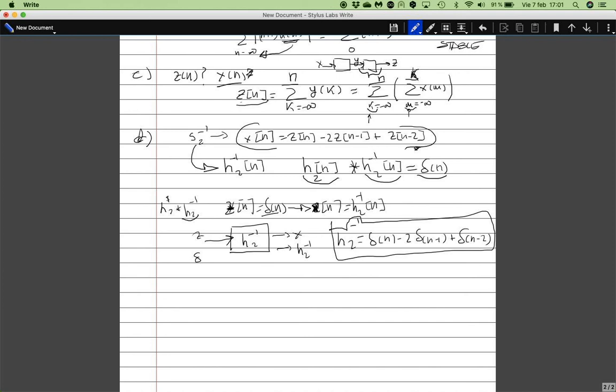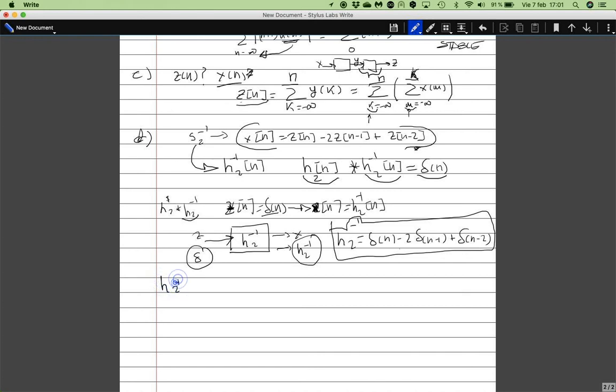Easy. I input a delta, and what I get in the output is the impulse response of the system. I put in the system as x[n], the output will be h2 minus 1, and zeta is the input, in this case delta, and then applying the definition of the delta, I get this result over here. Okay, so now we are all set.